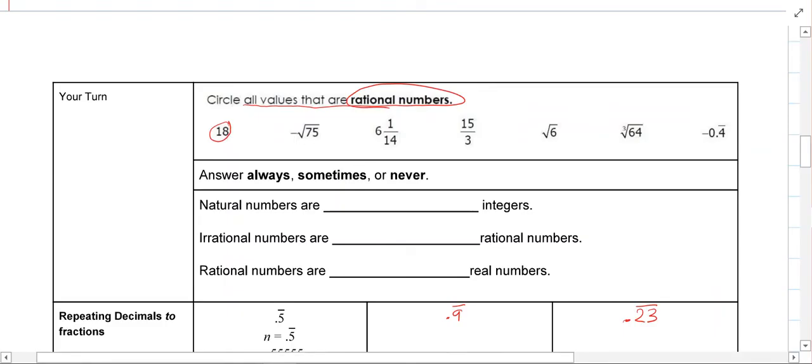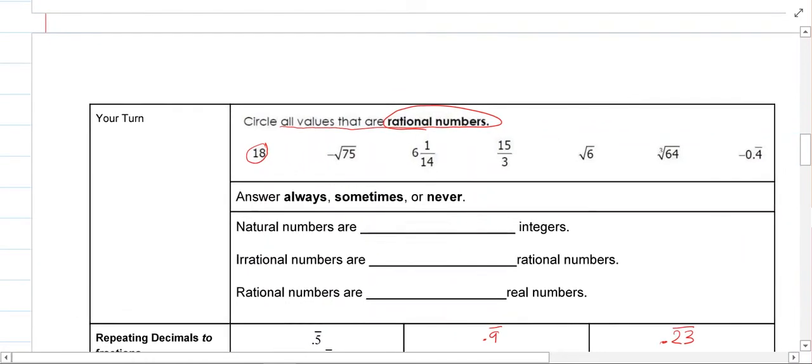Is 75 a perfect square? You know, hopefully some of you guys have had that lesson. I don't think that all of you have, and that's okay. What are square numbers again? Well, let's count. 1 times 1 is 1. 2 times 2 is 4. 3 times 3 is 9. So these right here are perfect square numbers, and there's a pattern. 1, 4, 9.